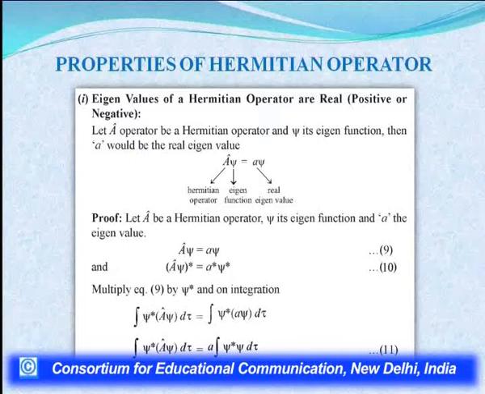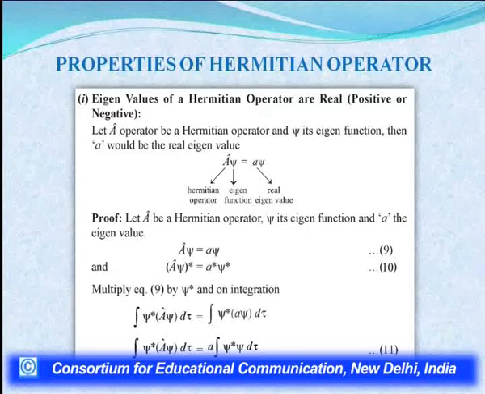So see the derivation. Suppose A operator is a Hermitian operator, psi is the eigenfunction and A is the eigenvalue. So what is the eigenvalue equation? We have already discussed it: A operator applied on psi will give you the eigenvalue A into psi.